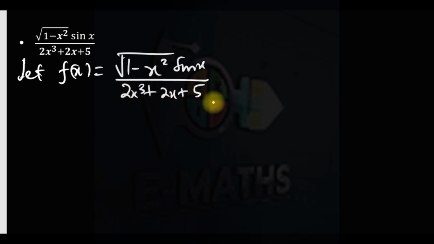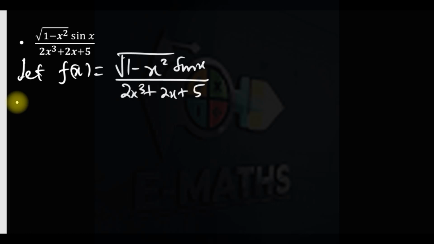To solve this, what I will do, I will say let f(x) be this function, the square root of (1 minus x squared) sine x over (2x cubed plus 2x plus 5). So what do we do? We introduce log to both sides.